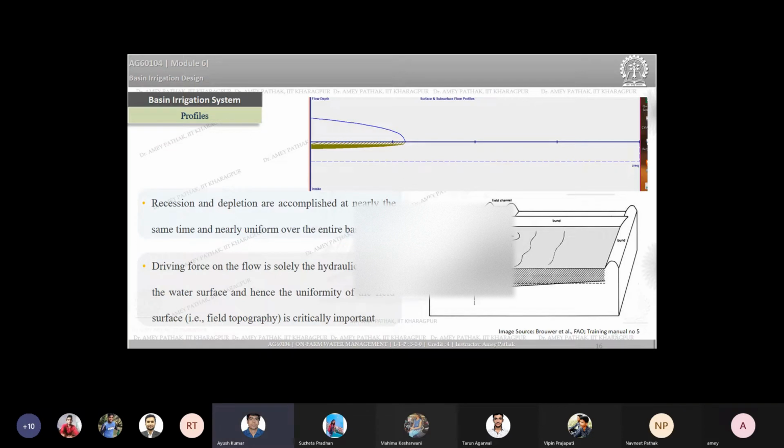So I think I have to explain that. I'm just opening one diagram here. So have you studied open channel flow as a subject?